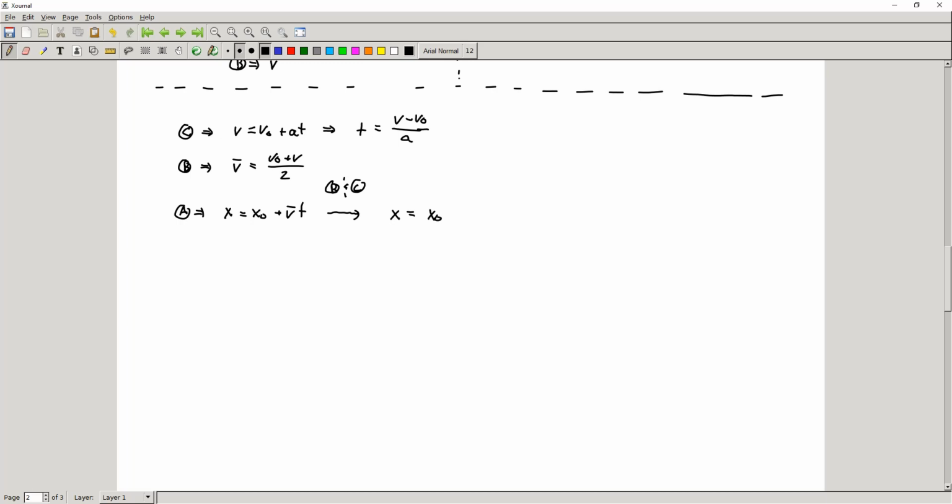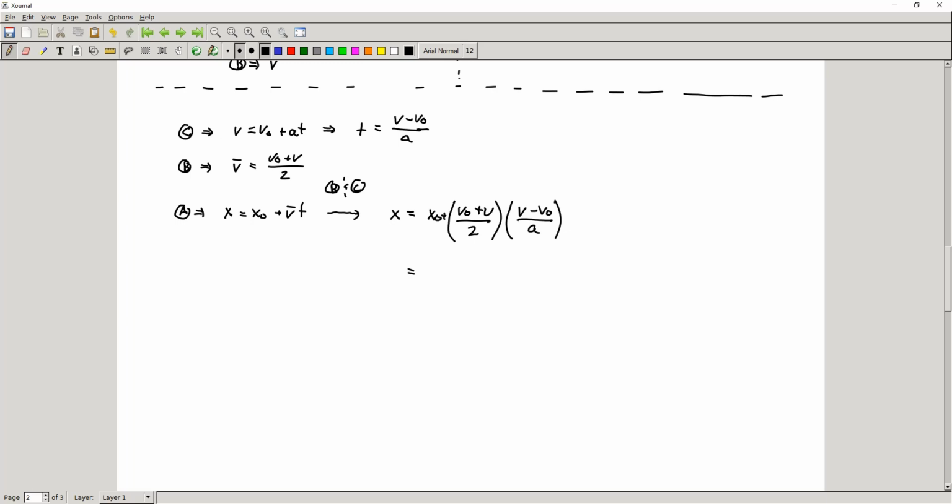Our V bar is going to get replaced with V naught plus V over 2, and our t, which we see up here, is going to get replaced with V minus V naught over A. Okay, so if we do that, we can then pull out this 2 and the A in the basement, and this is going to end up giving us, well, first maybe, I have to be careful here. I've missed a plus sign.